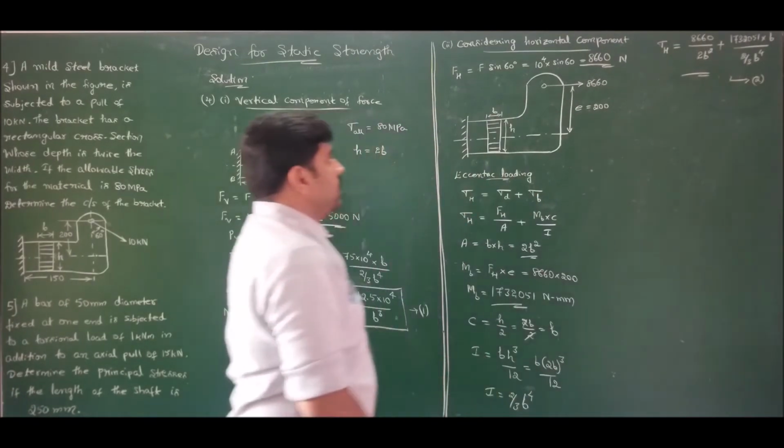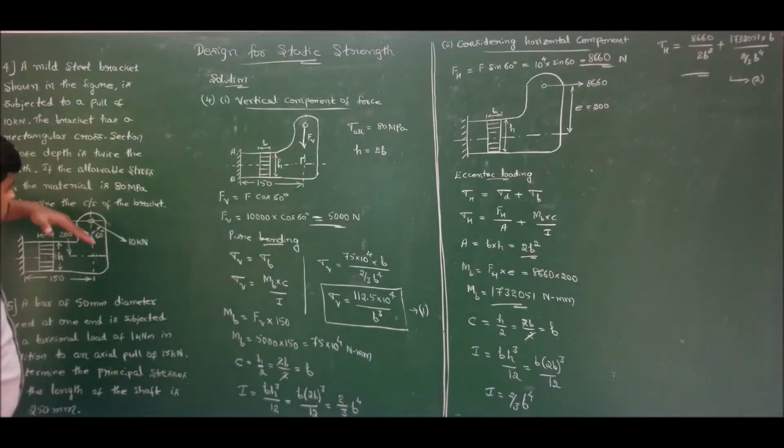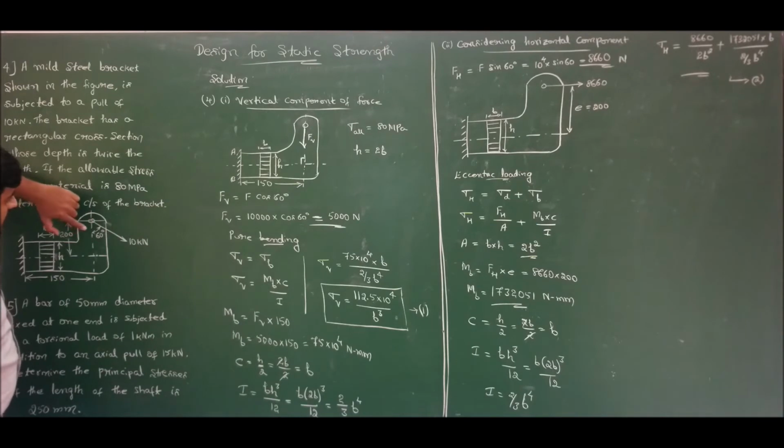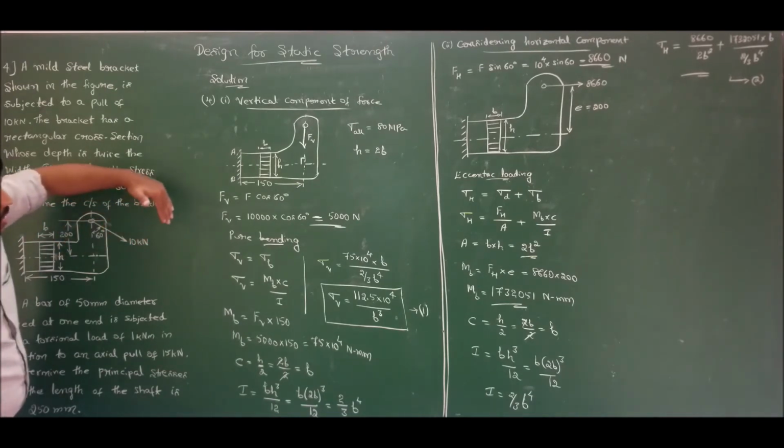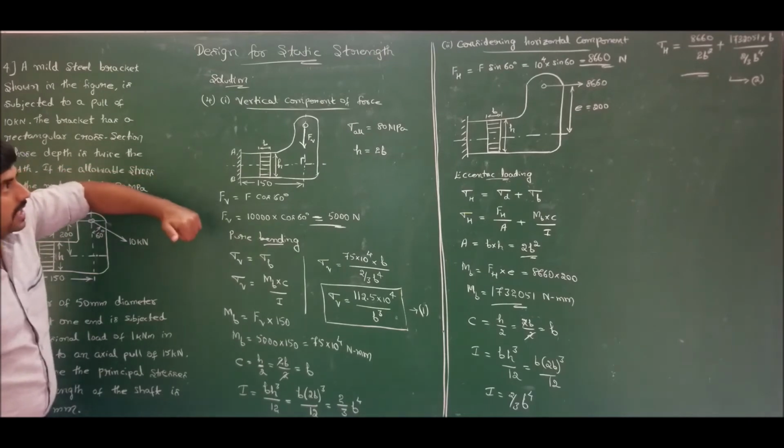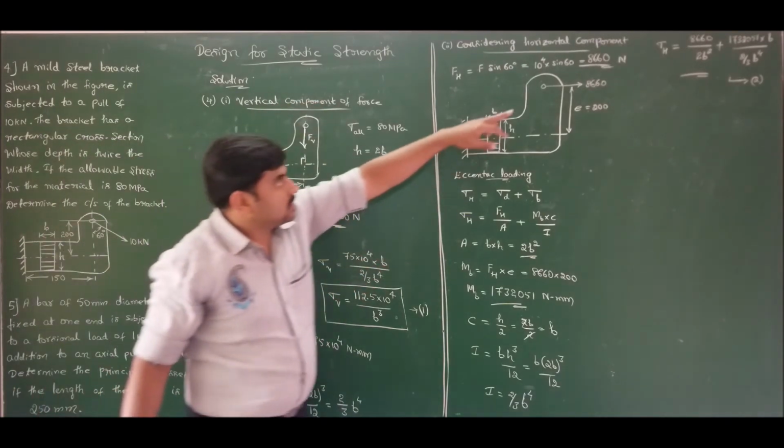Now if you observe, we have resolved the force of 10 kilonewton inclined at an angle of 60 degrees to the vertical into vertical and horizontal components, and we have found the stress induced due to the vertical force and the stress induced due to the horizontal force.